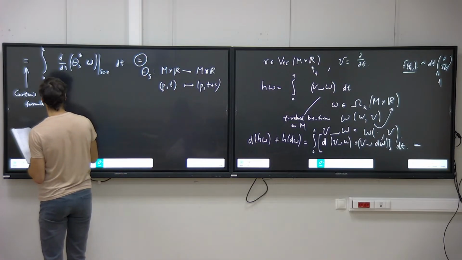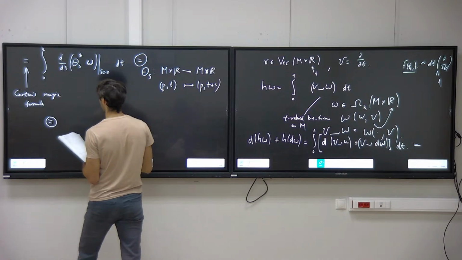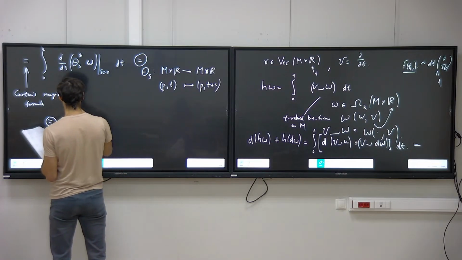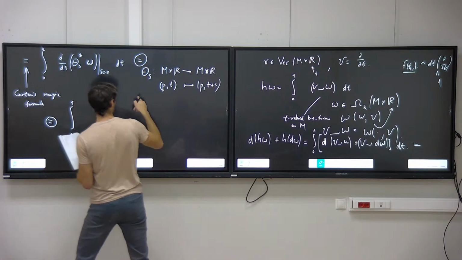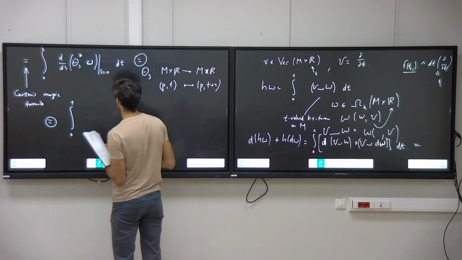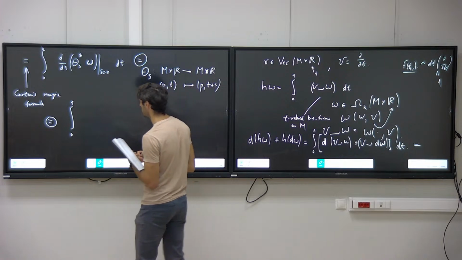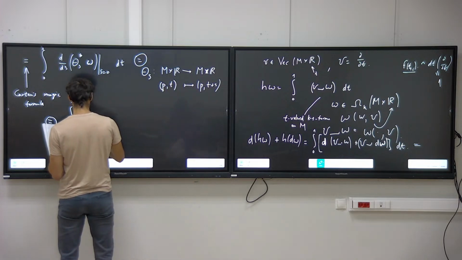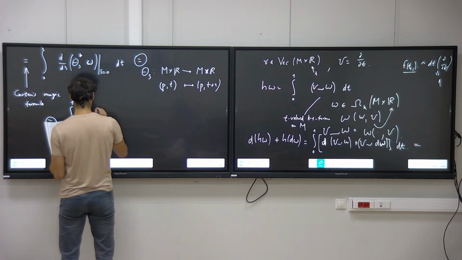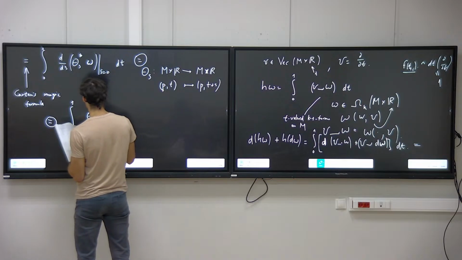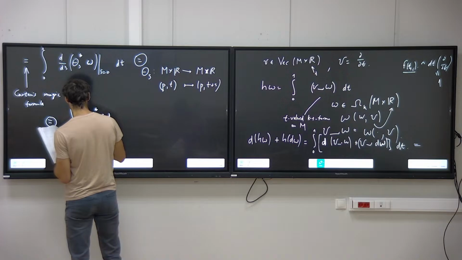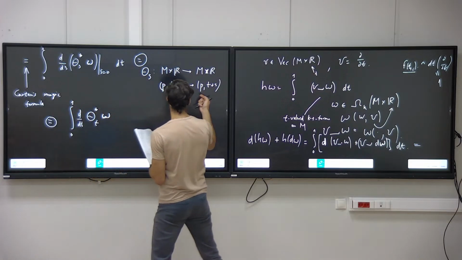And then this is the same as the integral from 0 to 1. I take theta and apply it. This is actually the same as pulling back theta t star omega, and then taking the derivative with respect to t. Because what do I do?